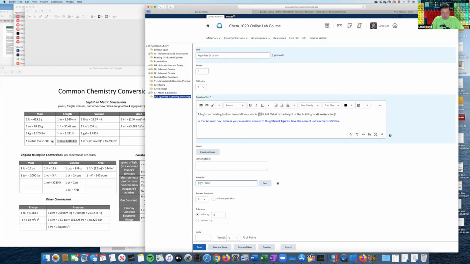And yes, I know we could simply divide by 5280, but when I write out my formulas, I often put them in the format of conversion factors, just to remind me when I come back and manually grade it, how I set it up, so I can do the quick look. And then of course, we're going to multiply by 1.609. So this here is the formula.